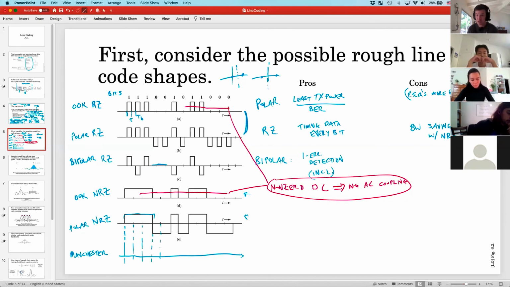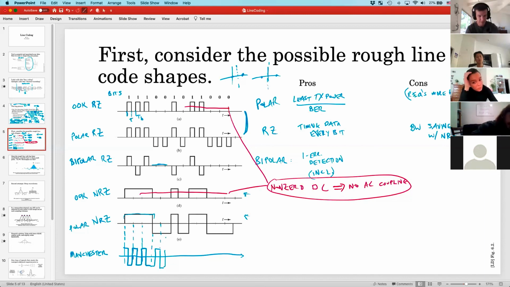In Manchester coding, each bit goes high and low. Depending if you're a 1 or a 0, you either go high first or you go low first. In the original description of Manchester coding, a 1 bit went high and then low. Another 1 bit would go high and then low, and another. But then a 0 bit would go low and then high. Another 0 bit would go low and then high.